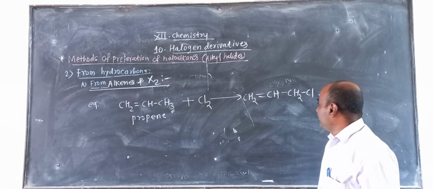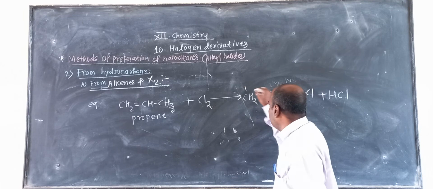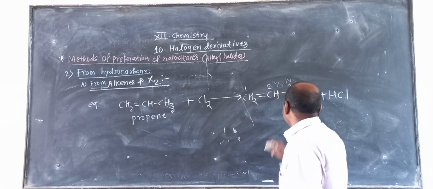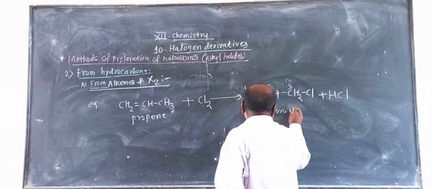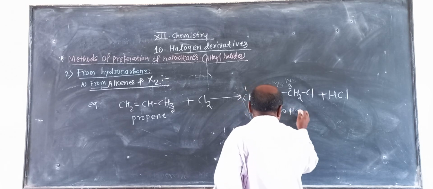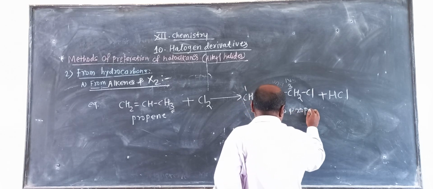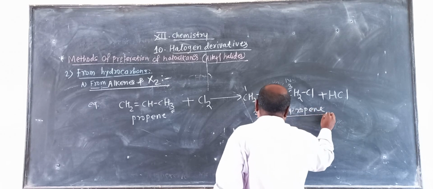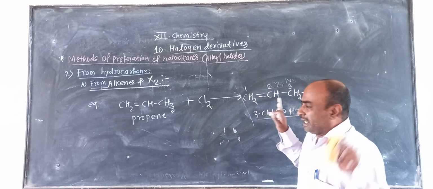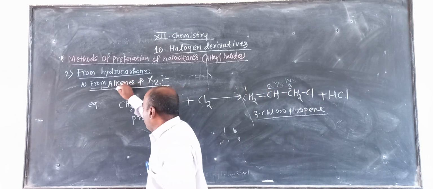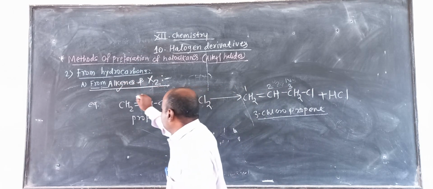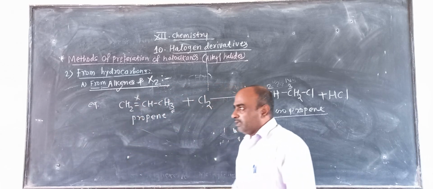While writing the IUPAC name of that compound, this is carbon number 1, 2, 3. So the name of this compound is 3-chloropropene or 3-chloroprop-1-ene. So here remember that when direct halogenation is carried out on the alkene, it does not affect the carbon-carbon double bond.